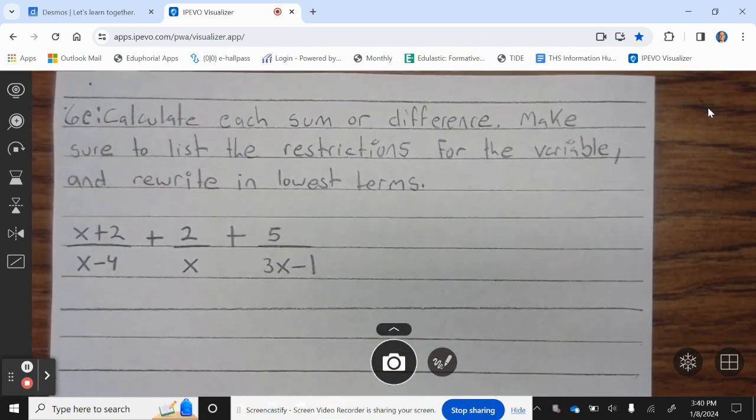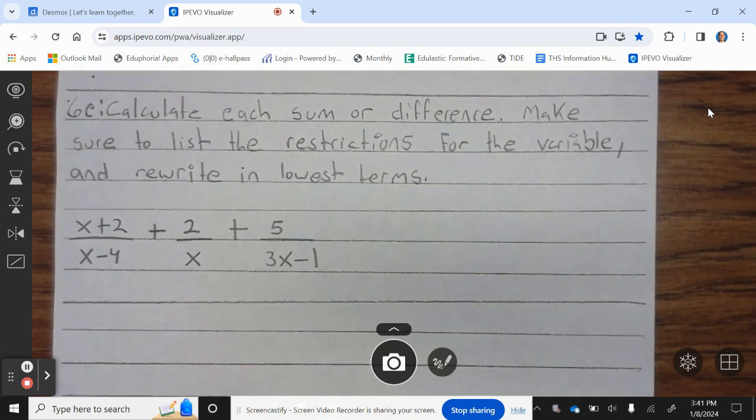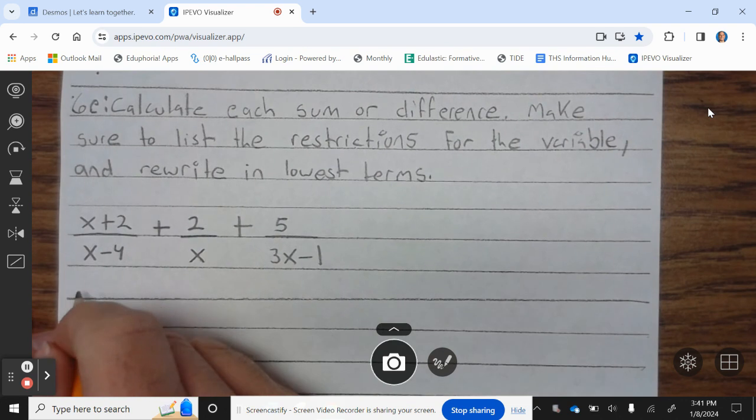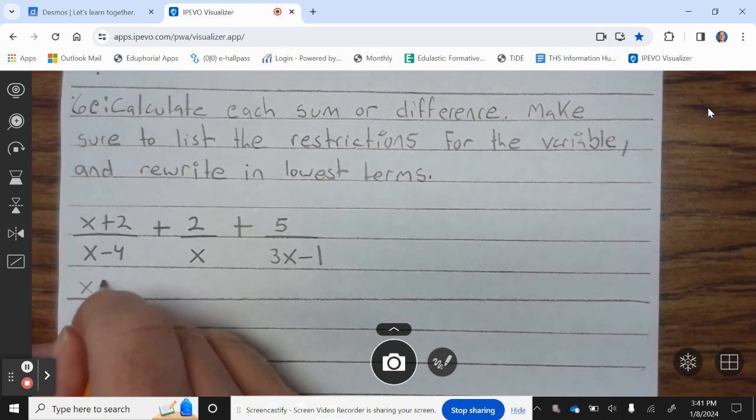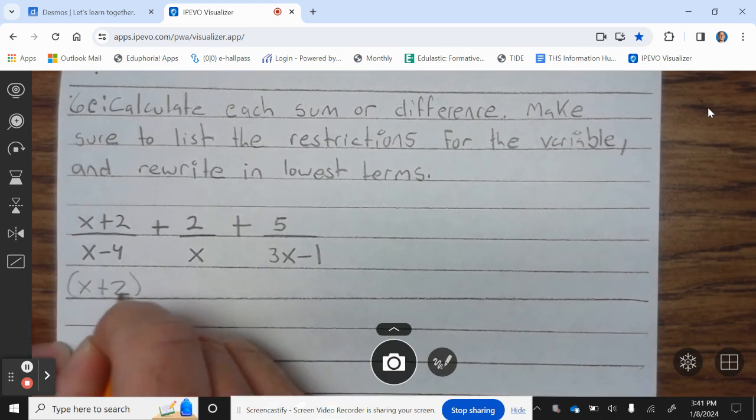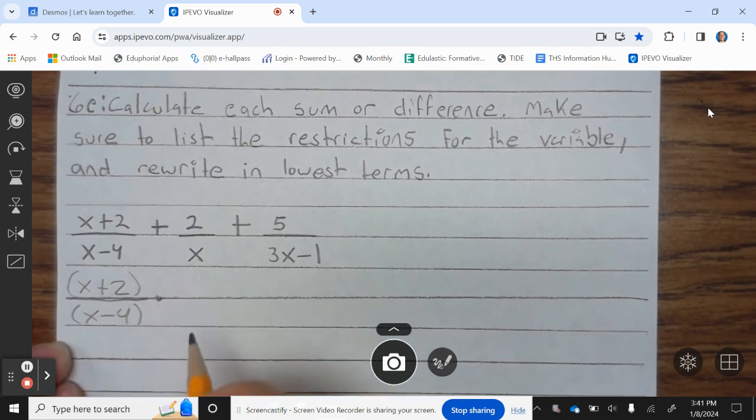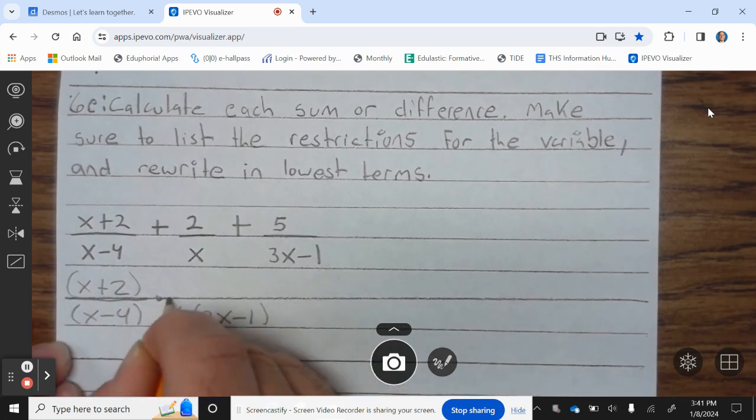All right, 6E. Calculate each sum or difference. Make sure to list the restrictions for the variable and rewrite in lowest terms. All right, so we have an x minus 4 and x and 3x minus 1. Okay, so this needs to be x plus 2 by x minus 4. Now, this needs an x and a 3x minus 1.